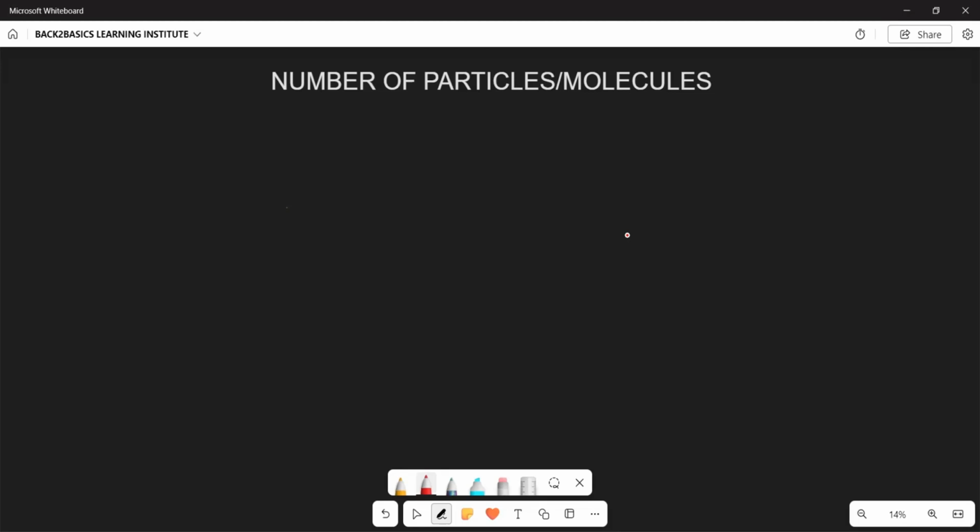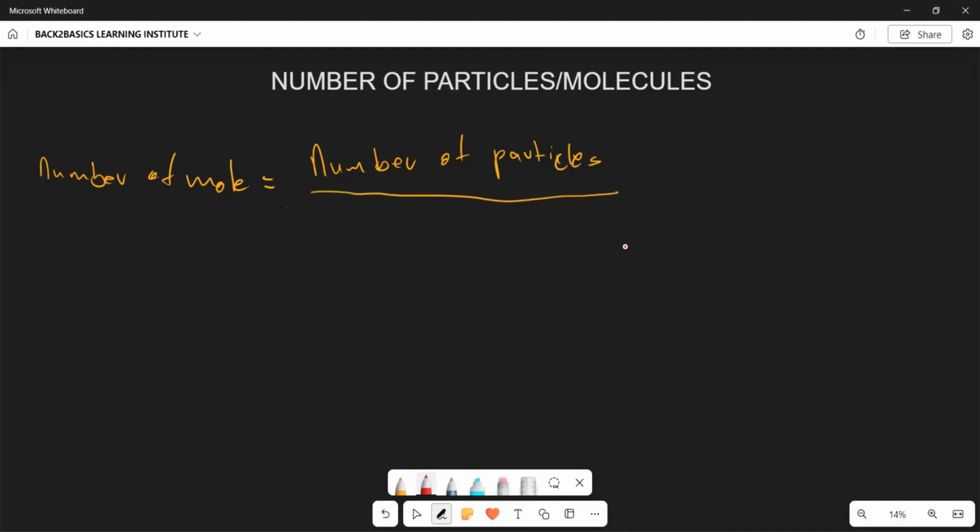So now what you need to know is, for calculating the number of particles or molecules, we have our formula, which is given by the number of moles. The number of moles is going to be equal to the number of particles divided by your Avogadro's number.